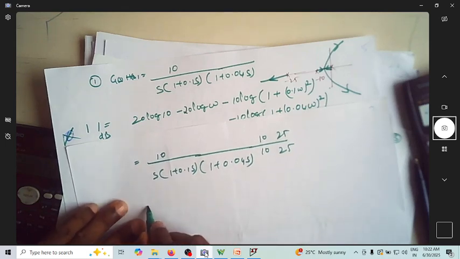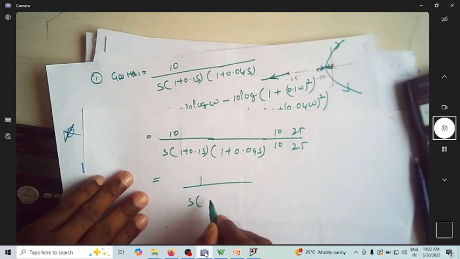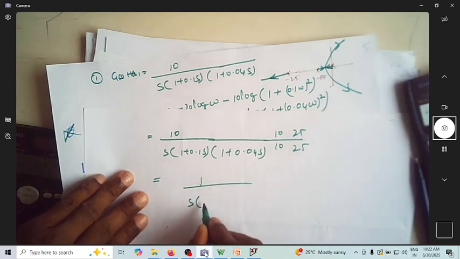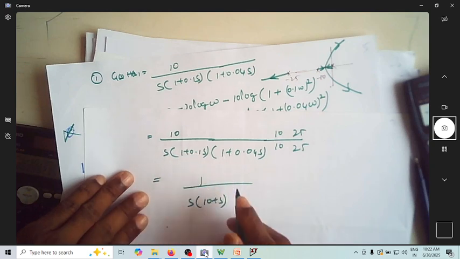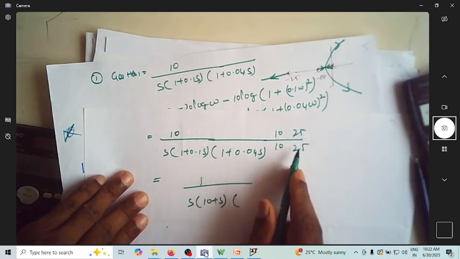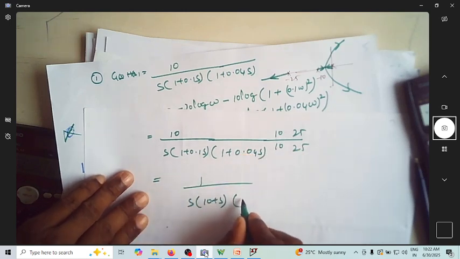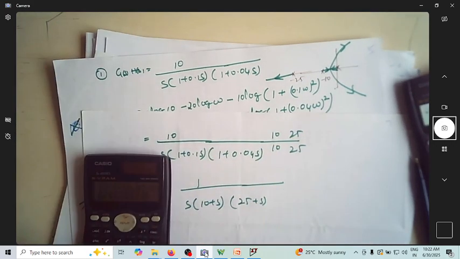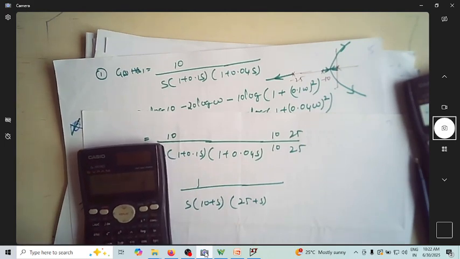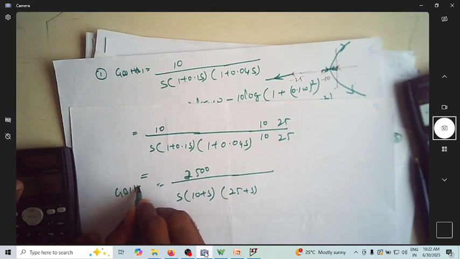So if I multiply 10 to this, it becomes 10 plus s. Multiplying this with this, it becomes 25 plus s. And it becomes 10 into 10 into 25, which is 2500. So this is my G(s)H(s).